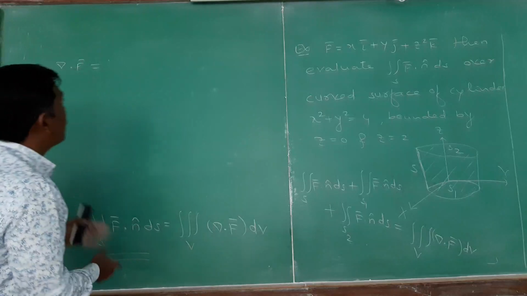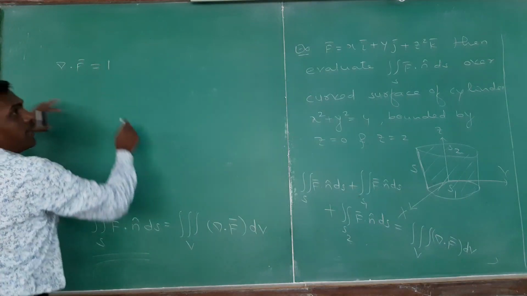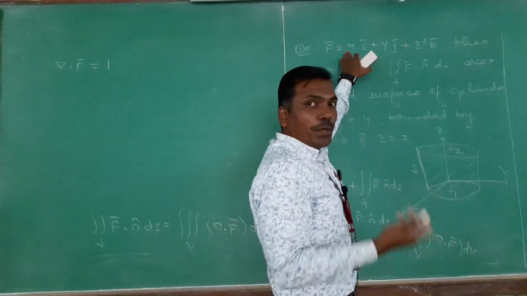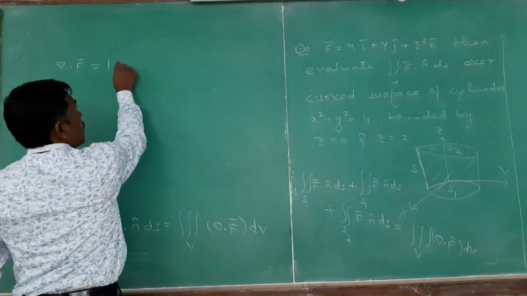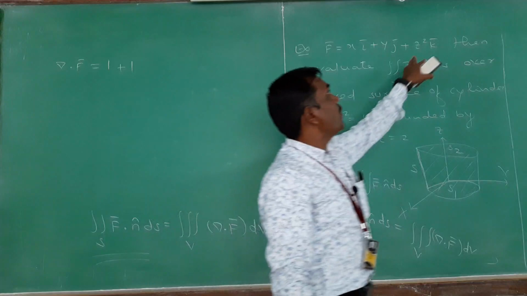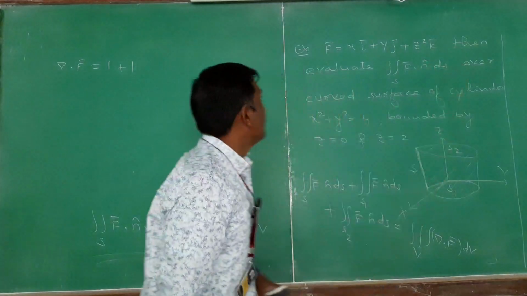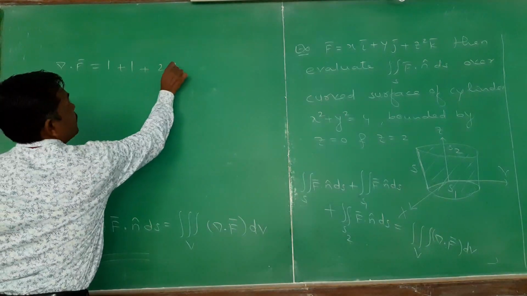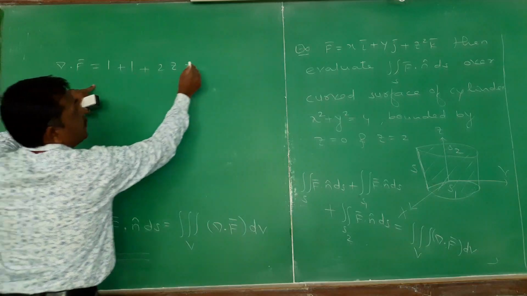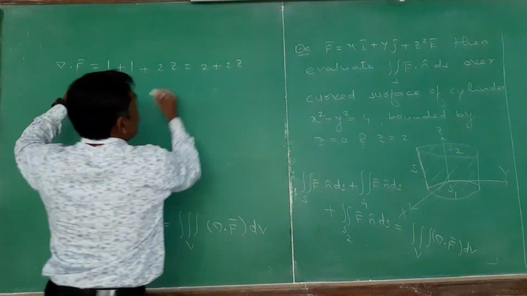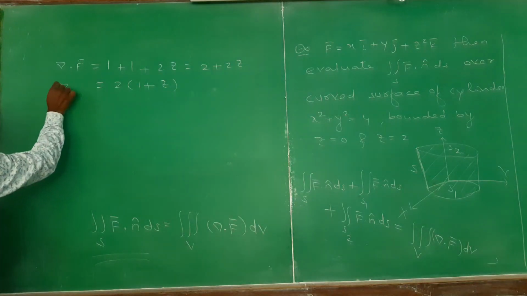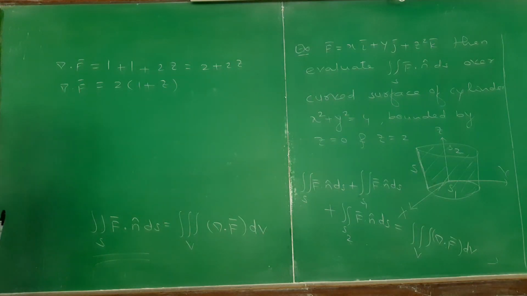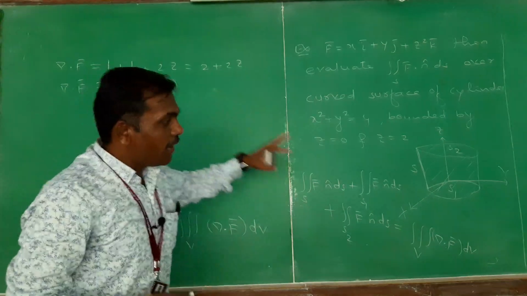Derivative of x with respect to x is 1. Derivative of y with respect to y is again 1. And derivative of z square with respect to z is 2z. So here 1 plus 1 plus 2z is equal to 2 plus 2z. Take 2 common, so 2 in bracket 1 plus z. This is my del dot f bar.